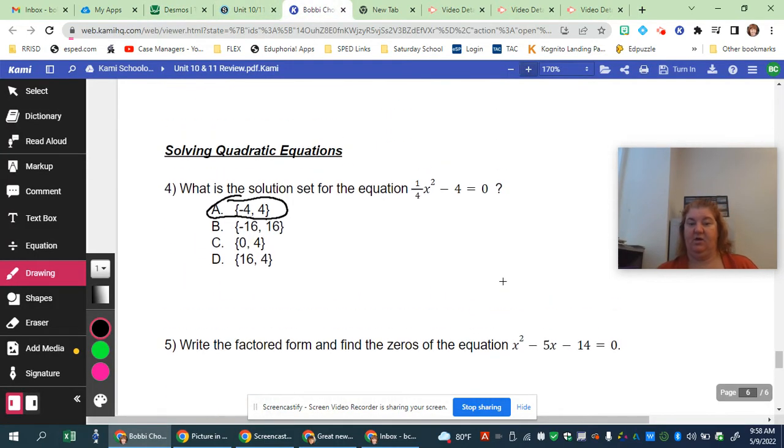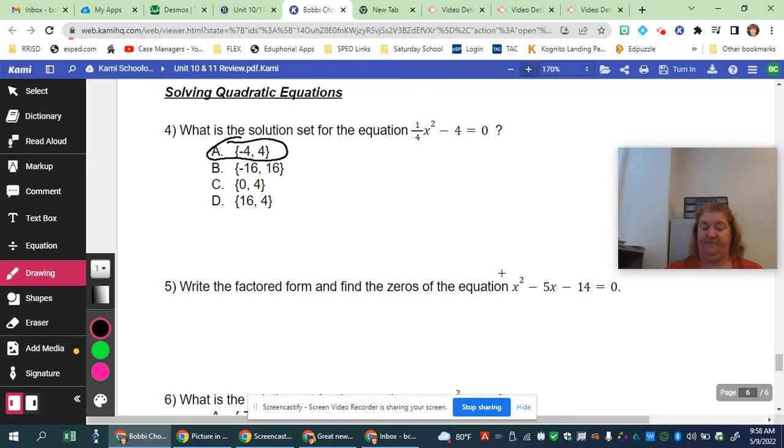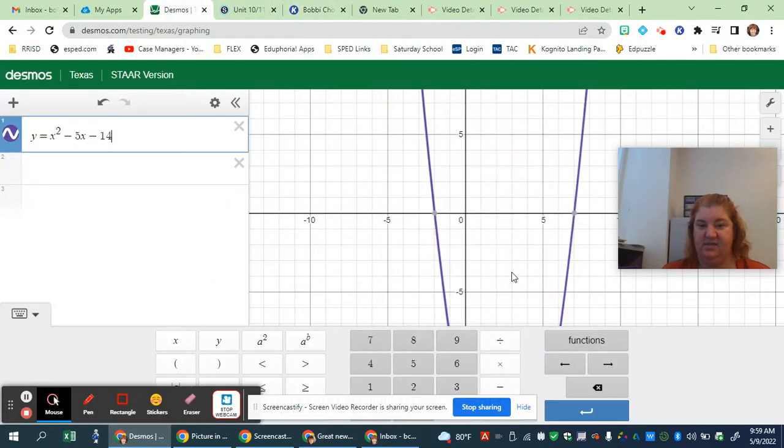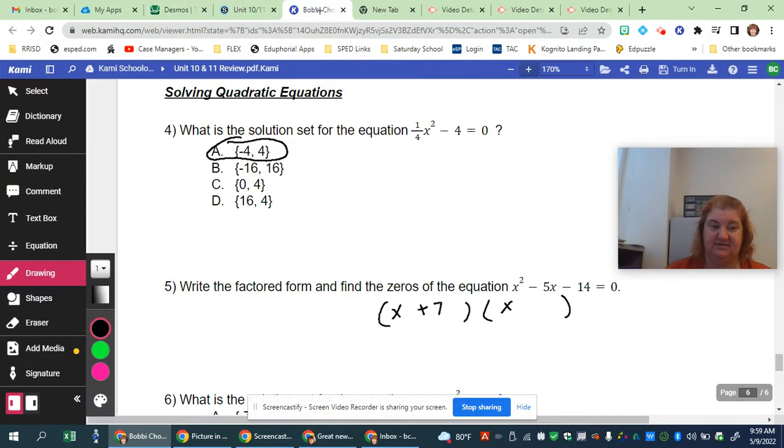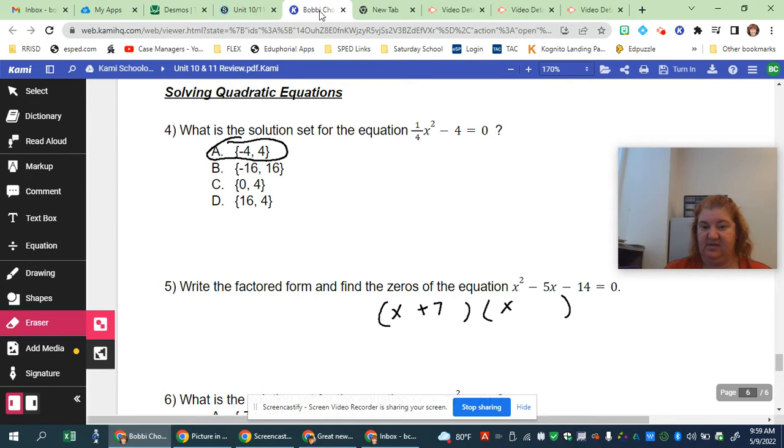So, they want the factored form. So I could just go like this. X plus 7, x, wait, was it minus 7? No, it was positive 7. So it's going to be a minus 7 and a positive 2, because remember, it's opposite.